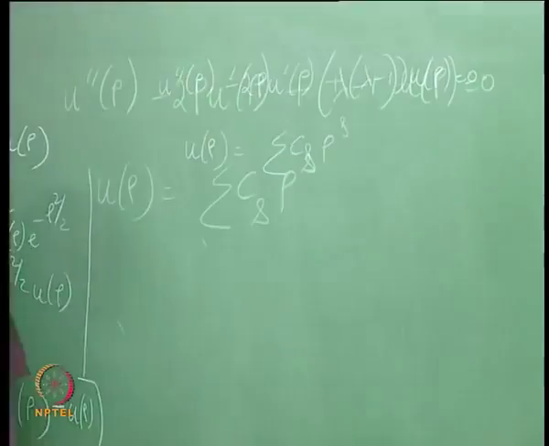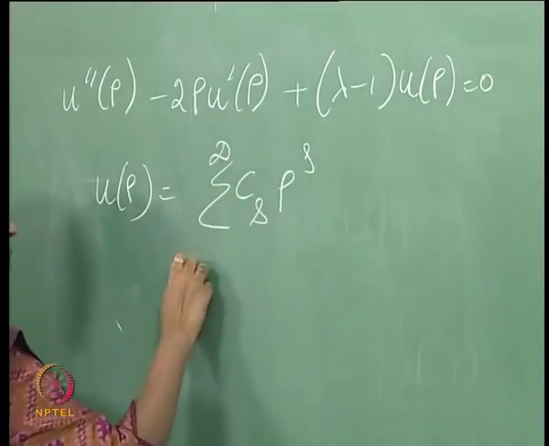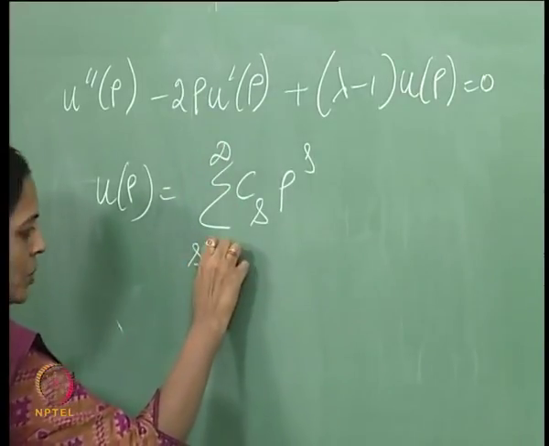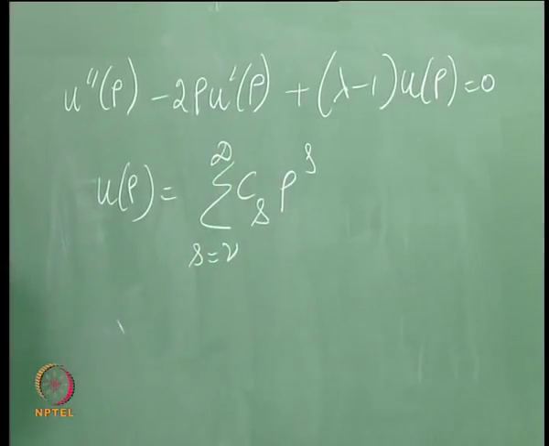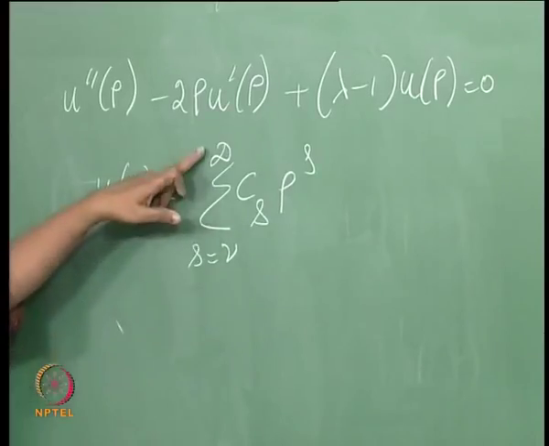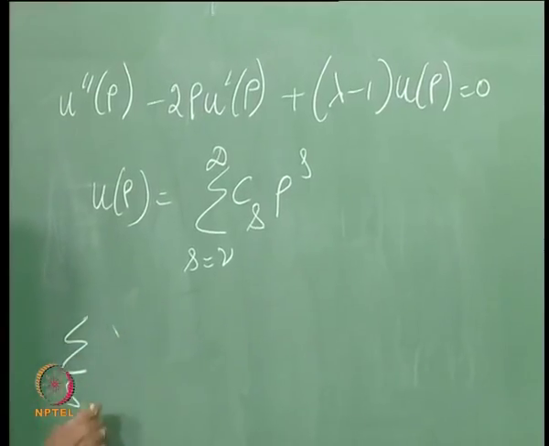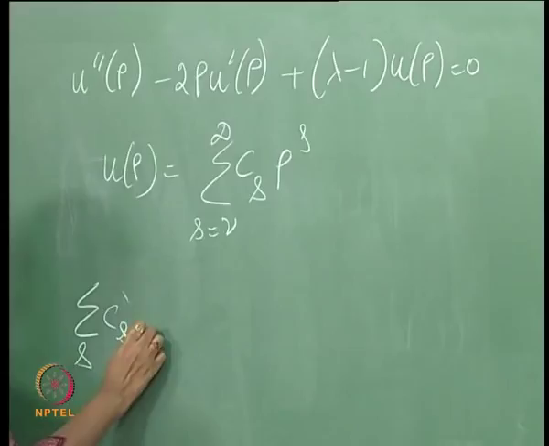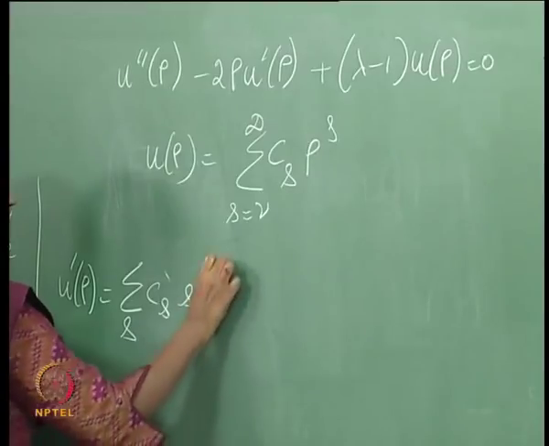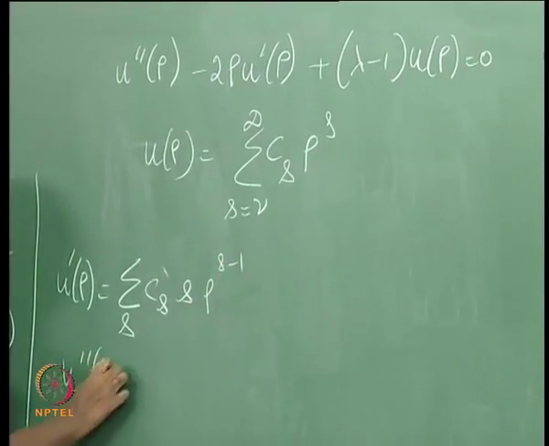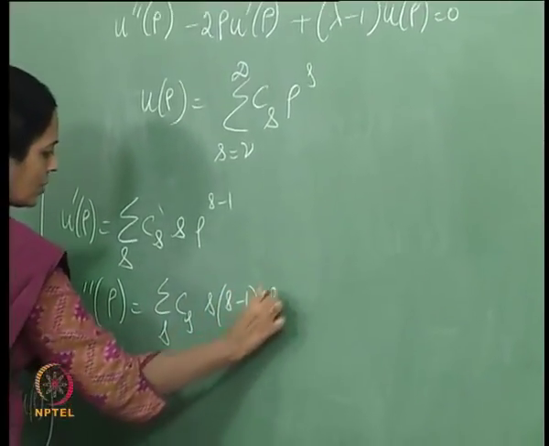Again, I am interested in the asymptotic behavior. So definitely I need to worry about s taking large values, and s could perhaps take all values. So let me say s starts from nu, Cs rho to the power of s. Some value nu, does not matter, the small values. I am worried about the asymptotic value. So let me substitute that there. So u prime of rho is summation over s Cs s rho to the s minus 1, which gives me u double prime of rho equal to summation over s Cs s times s minus 1 rho to the s minus 2.